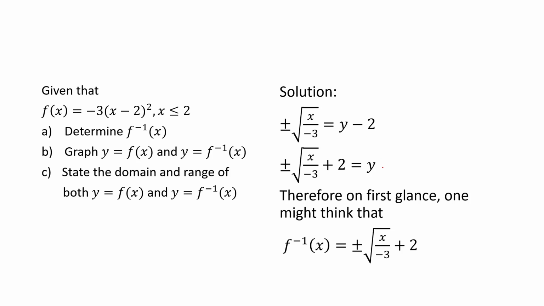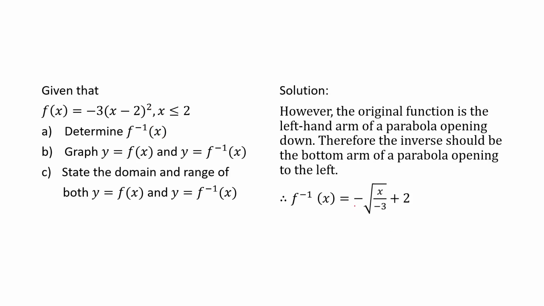And we get y equaling plus or minus the square root of x over -3 plus 2. And on first glance, you might think, okay, that's f inverse of x. But we're only supposed to keep one arm. So I don't want 2 arms on my inverse. So I'm only going to keep the negative because the qualifier originally was that x is less than or equal to 2.